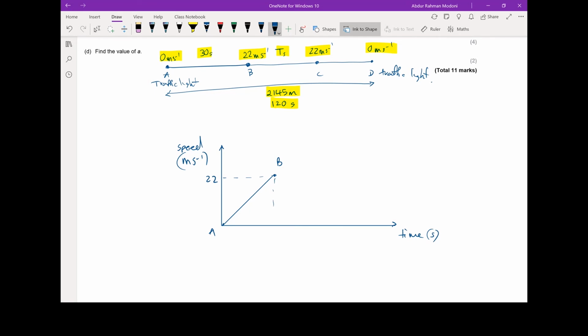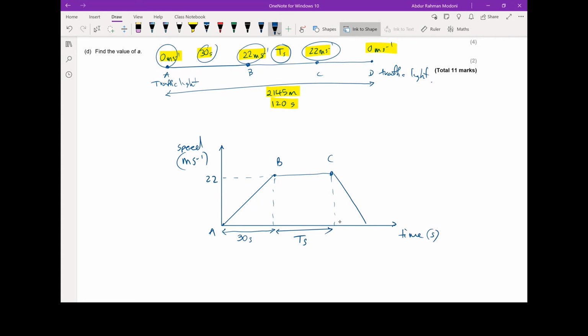It maintains this speed for t seconds until it gets to point C. Then it decelerates to a speed of 0 meters per second, rest.